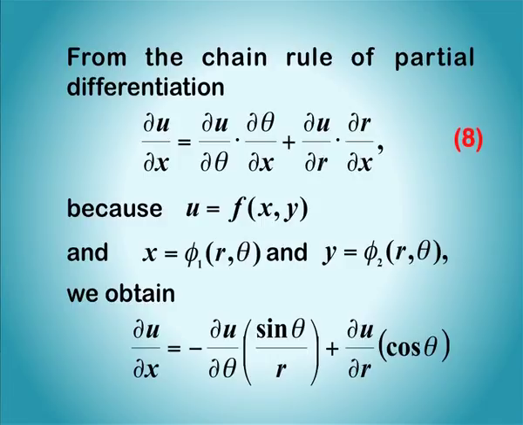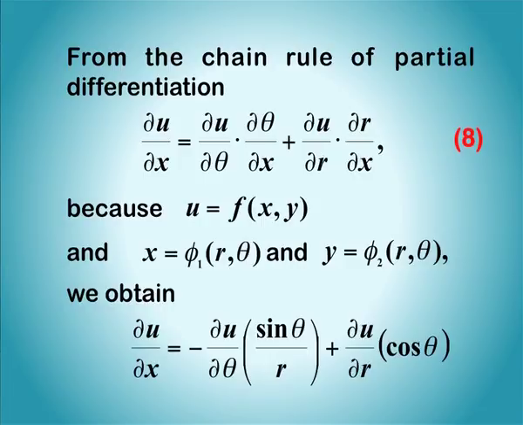Differentiation partially of du dx is du d theta times d theta dx plus du dr times dr dx, because u is a function of x and y, x is a function of r and theta, y is also a function of r and theta.